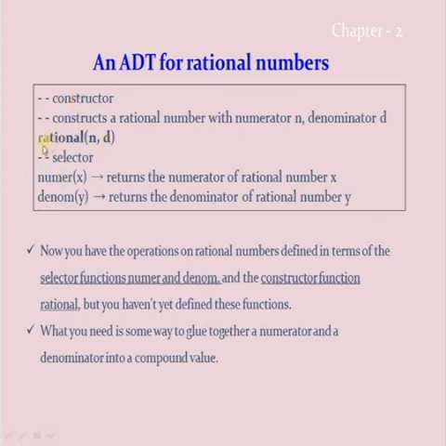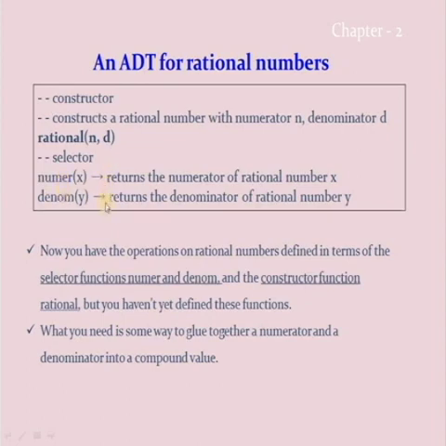We are saying that rational is a constructor function and it is going to have two parameters, and numer of x and denom of y are selector functions, and it is going to return the numerator of the rational number. We are saying these things, but we didn't define the exact implementation of these two selectors.